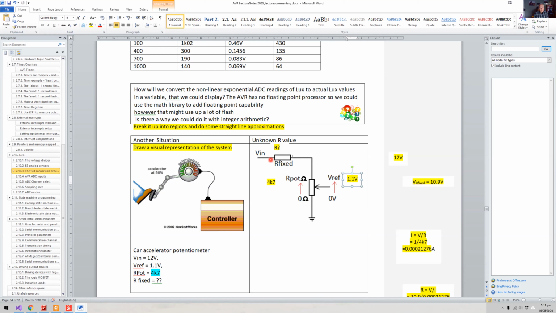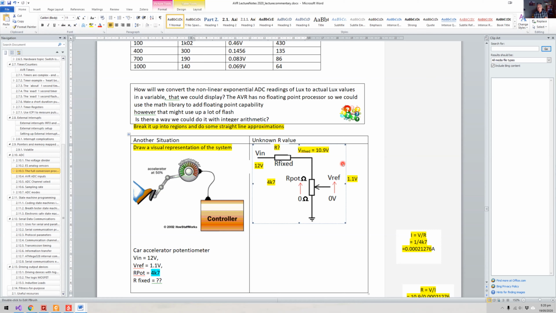So we've got a voltage divider. We have to figure out this value. And of course, it's fairly straightforward because we've got 12 volts coming in here, typical car voltage, for instance. That means that if we've got 1.1 volts at this maximum level here, we must have 10.9 volts across this resistor here. So this is what it's going to look like.